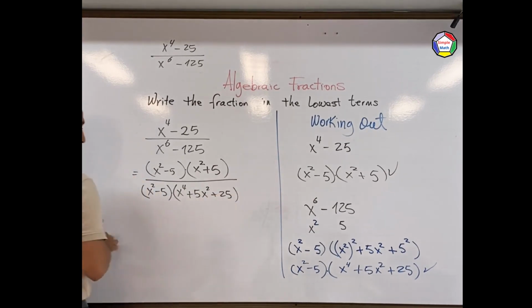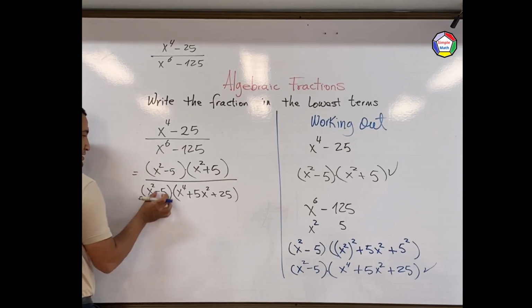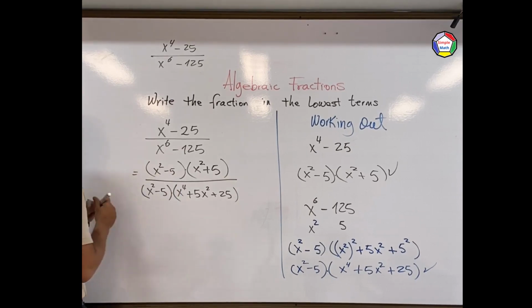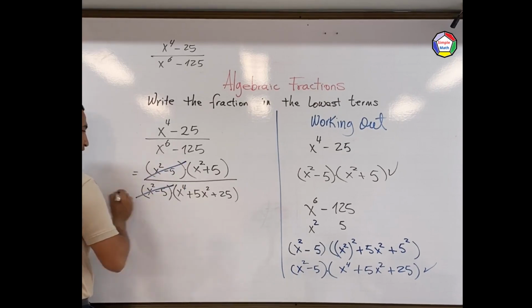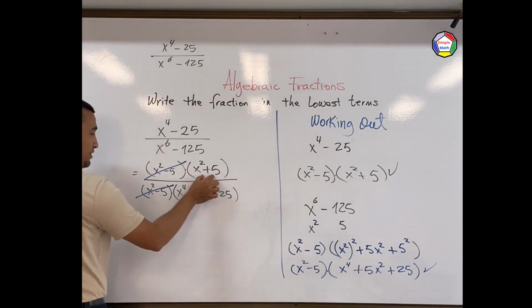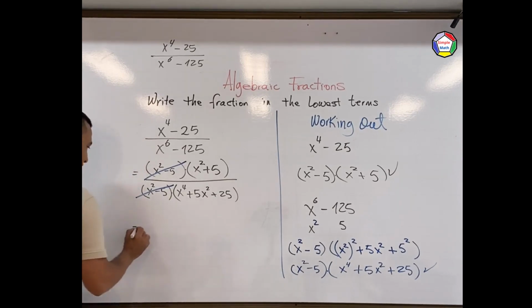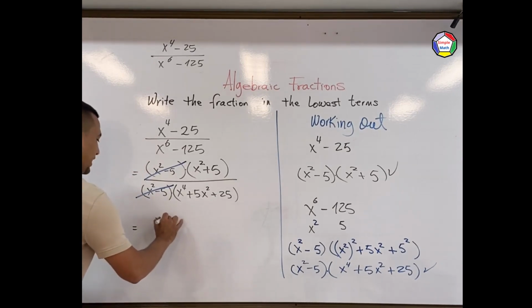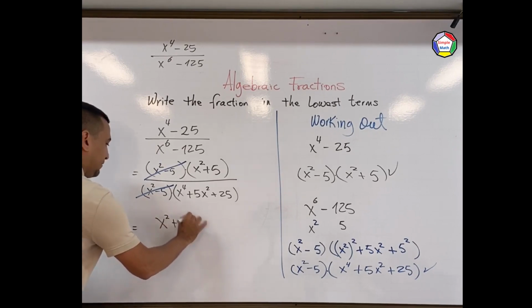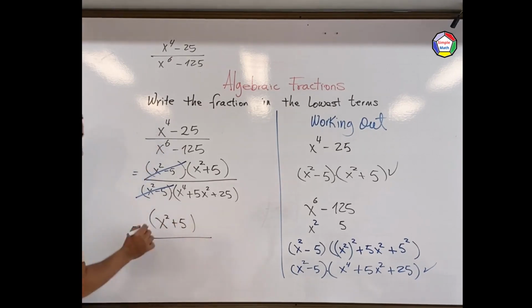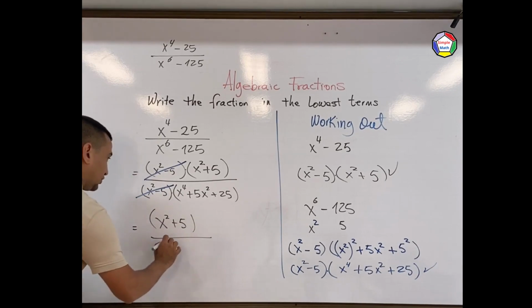If you see, here we have a parenthesis that is repeated, so we can simplify this. And this parenthesis is not the same as this parenthesis, so we leave it like that. So the answer in the simplest form is x exponent 2 plus 5 in the numerator, and in the denominator we have x to the power of 4 plus 5x squared plus 25.